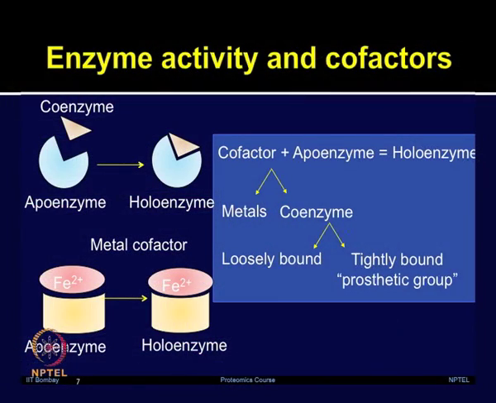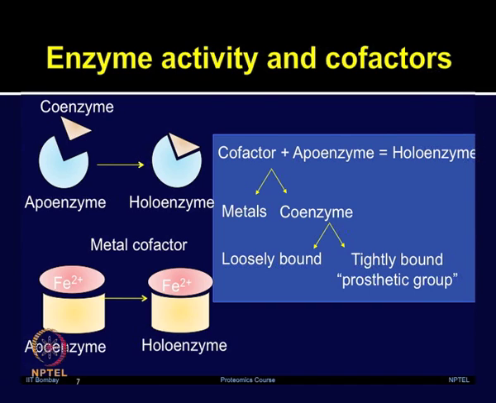So, let us talk about enzyme activity and how various cofactors govern this enzyme activity. Many enzymes' catalytic activity depends on the presence of small molecules which are known as cofactors. There could be two groups here, as shown in the PPT: metals and small organic molecules.